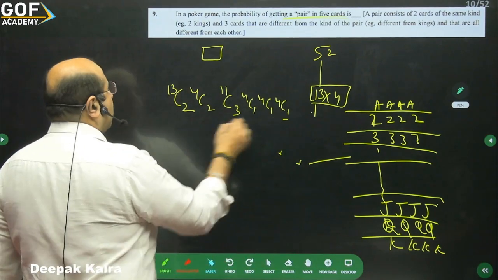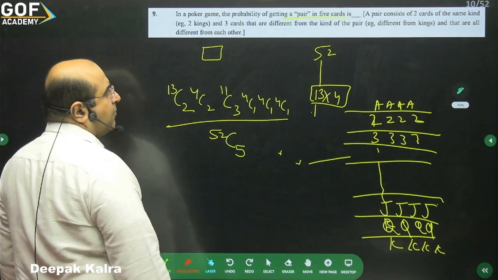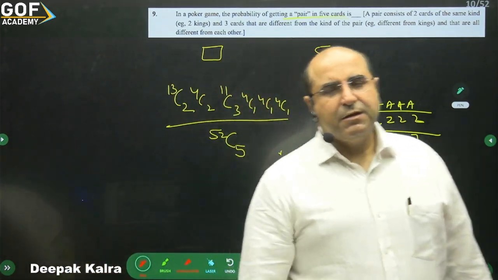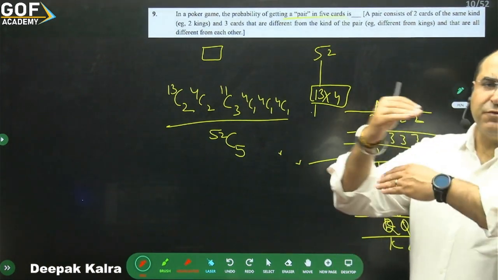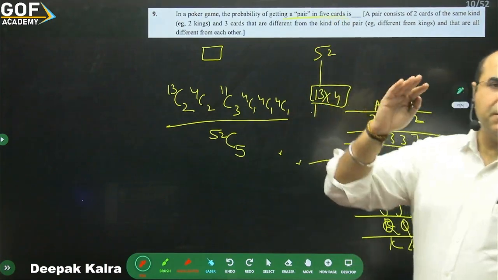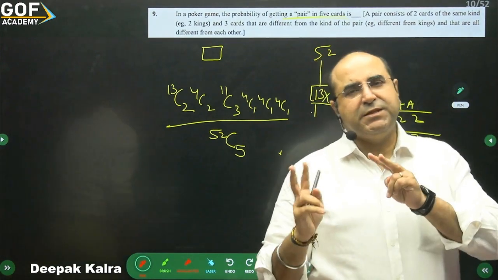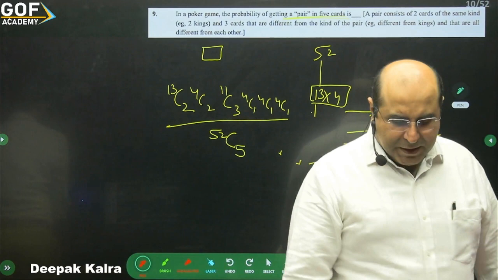And in the denominator, we will have 52C5. Not clear? Successively you have to go, understanding the poker rules, two identical cards meaning the same denomination, the remaining different. I hope you can get this.